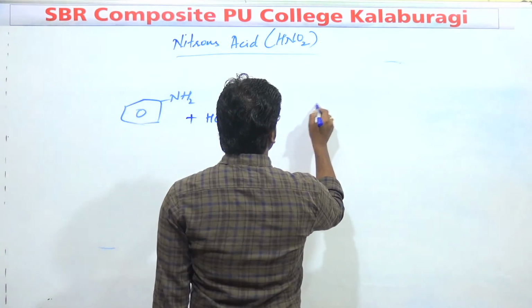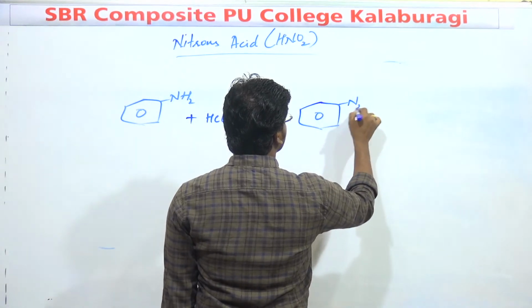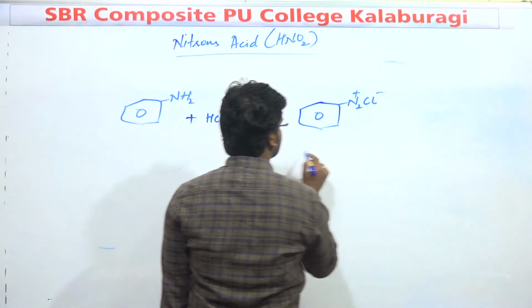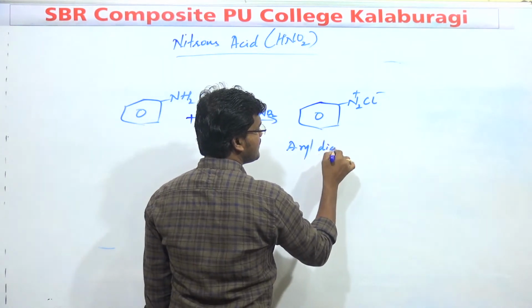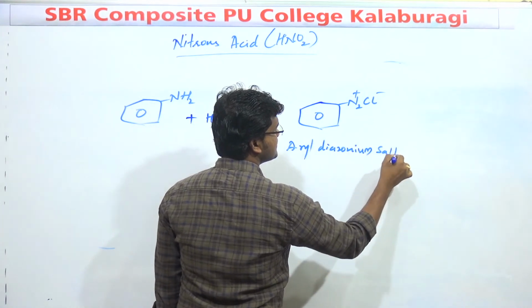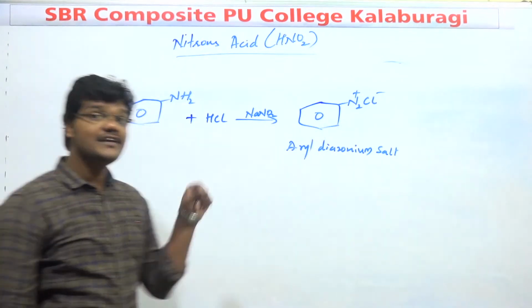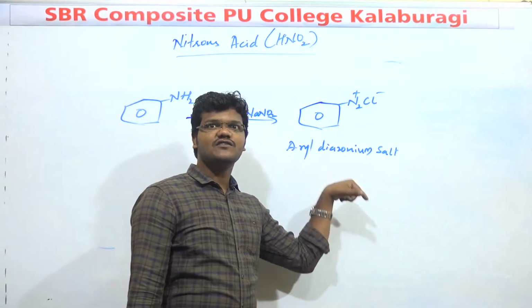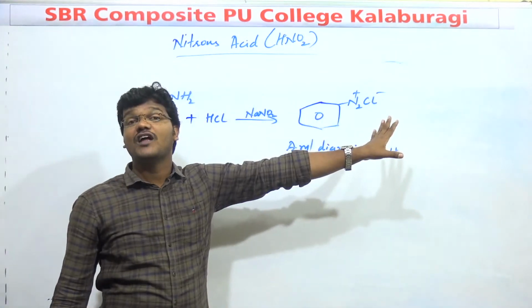After this, my primary amine is converted into N2+Cl- aryl diazonium salt, and it is stable because of resonance. Earlier, the alkyl diazonium salt was unstable, so to attain stability it gave you alcohol.